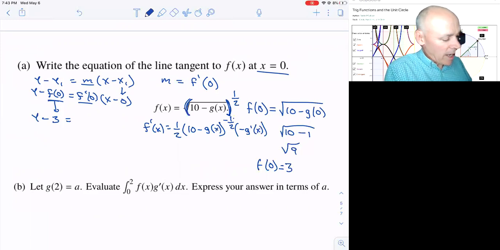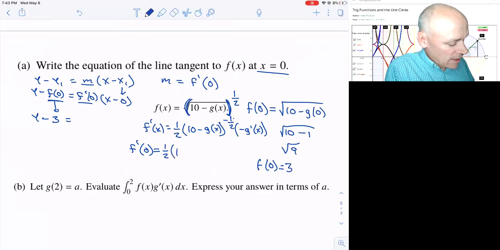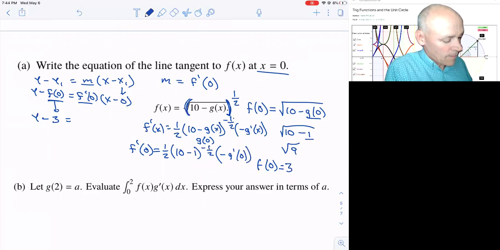Okay? Now I want f prime at 0. So that's going to be equal to 1/2 times 10 minus g at 0. Well, g at 0, I just found out, that's 1. To the negative 1/2 times negative g prime at 0. Okay, so now I got to figure out what is g prime at 0.